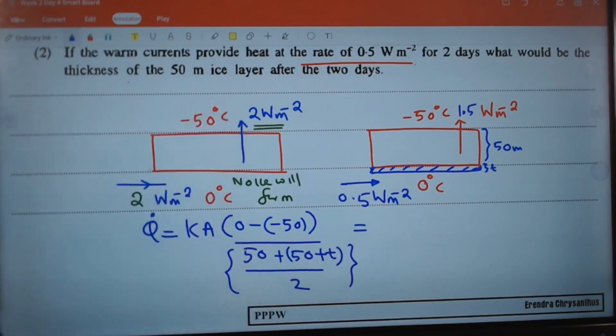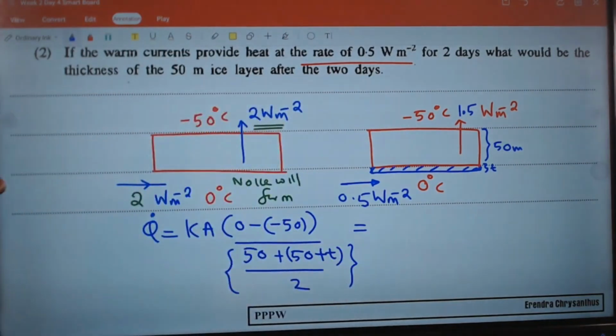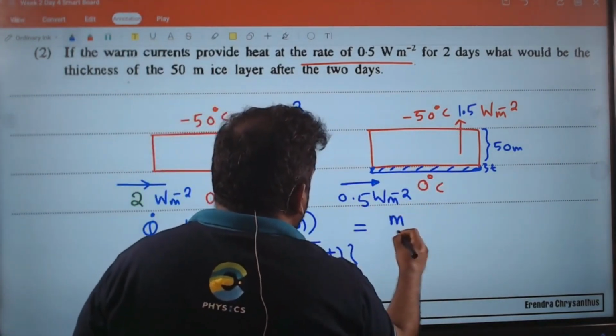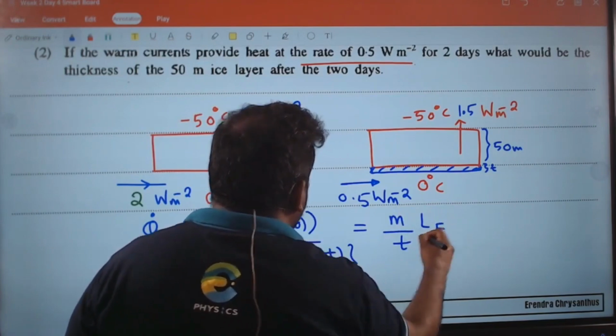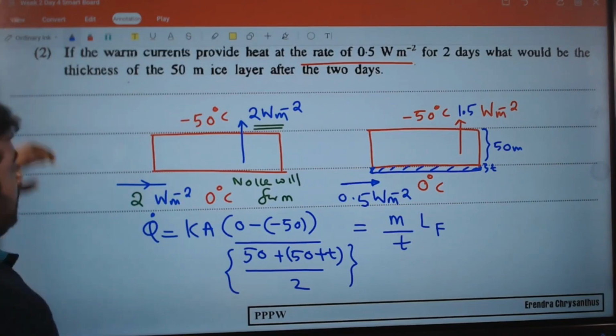That is equal to, look at the word carefully, ice formed. Ice formation is M over T times LF. Time is also given, 2 days. So simplify this.